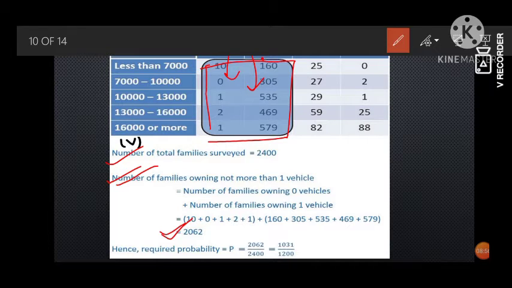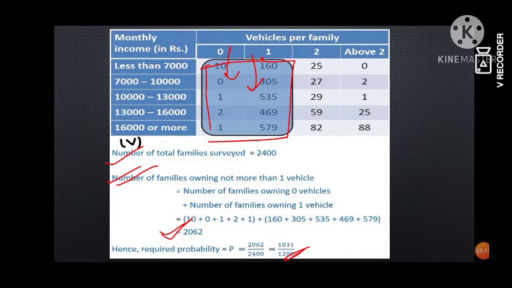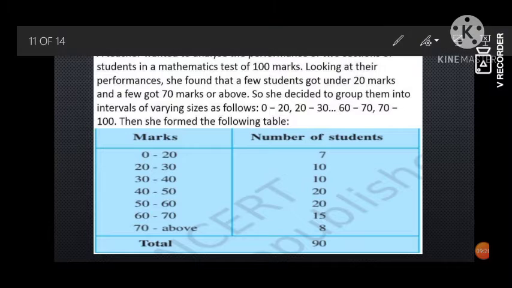So the required probability will be 2062 by 2400. If we simplify, we will get 1031 by 1200. So this is how the probability is done. And this question number 5 is very, very important. Now let us see question number 6.